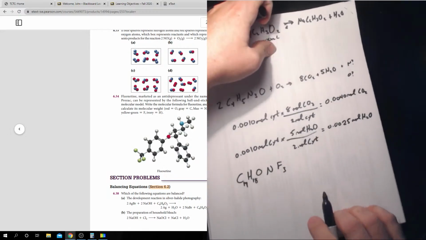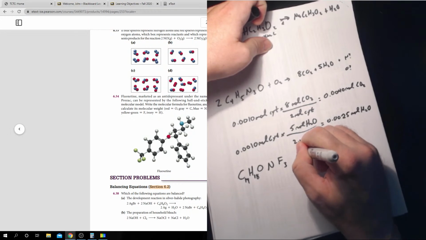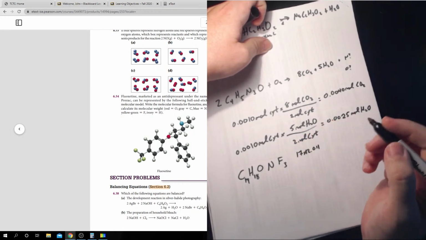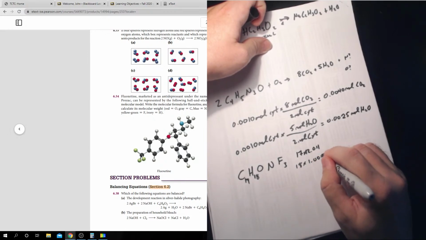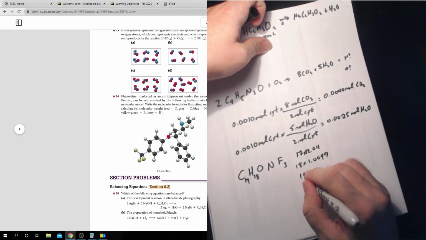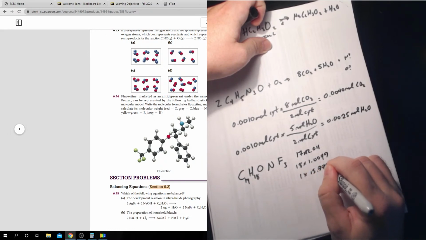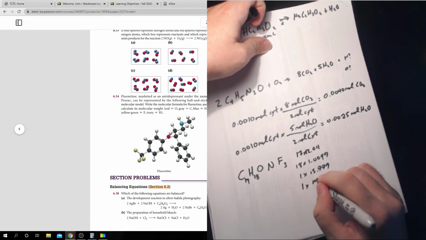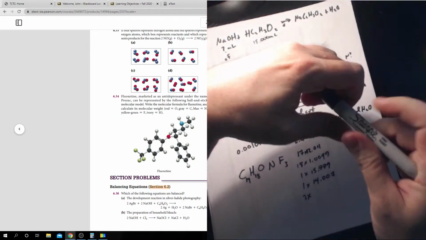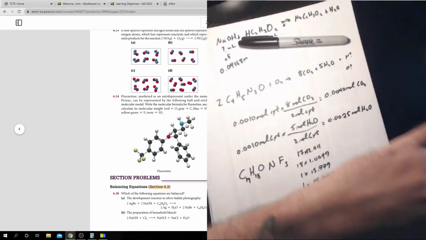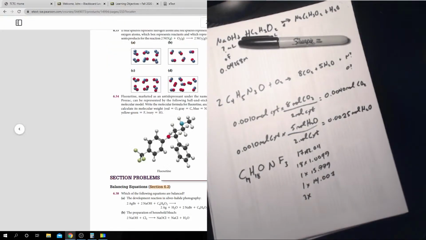So the molecular weight will be 17 times 12.011 plus 18 times 1.0079 plus 1 times 15.999, 1 times 14.007, and 3 times, we're going to need the molecular mass of fluorine.